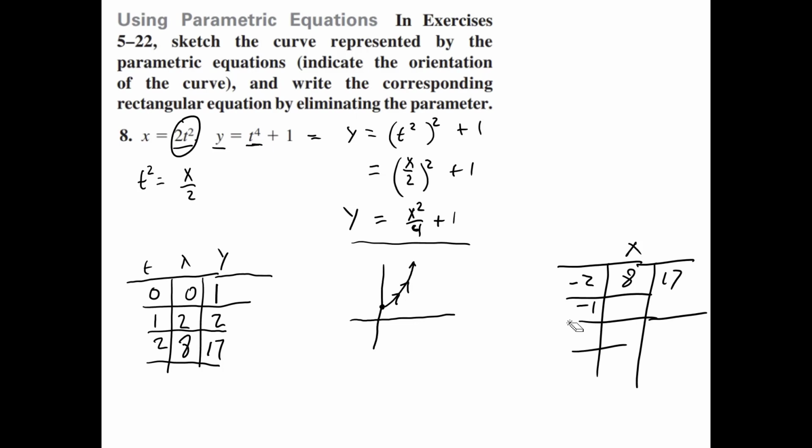So depends the direction, it actually goes both ways. From the negative, it's coming in like this, and then from the positive, it's going up. So you need to be careful with that. But you're still only going to get half of the parabola. When you put in negative 1, you're going to get 2, and you're going to get 2. And when you put in 0, you get 0 and you get 1.